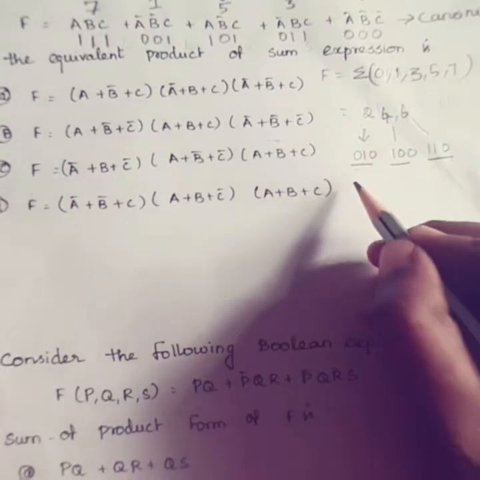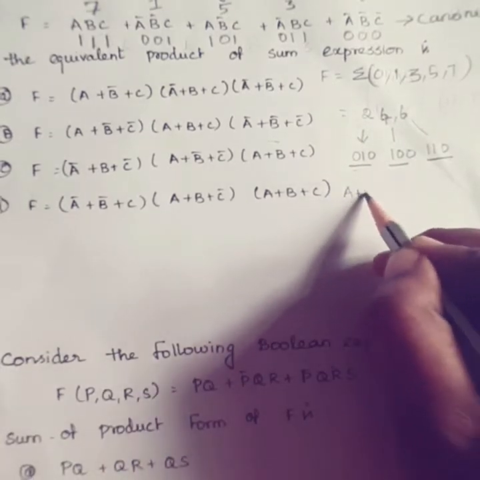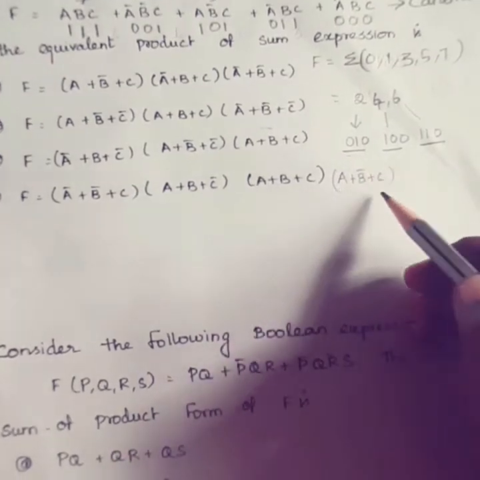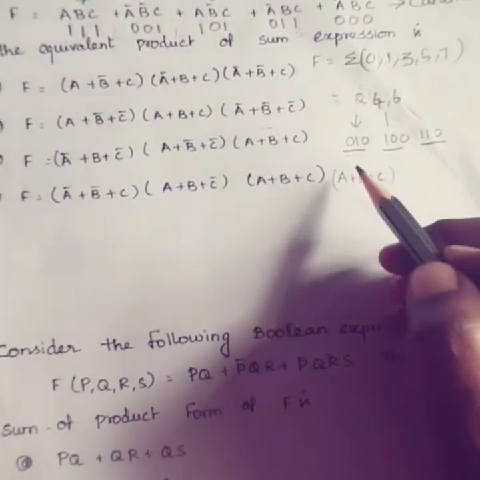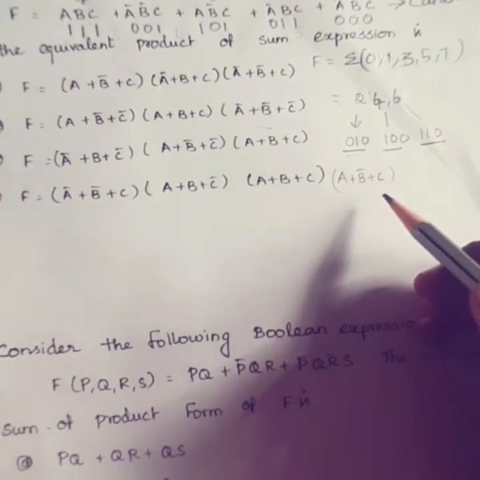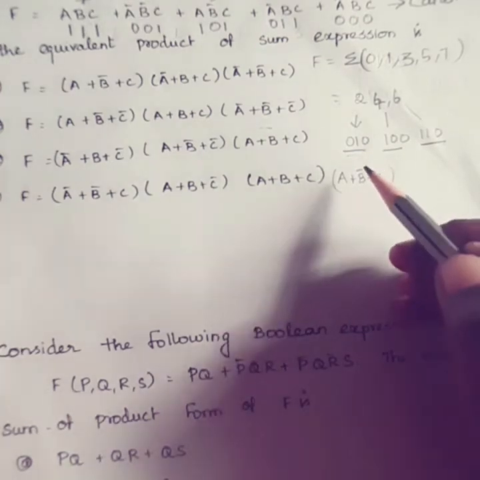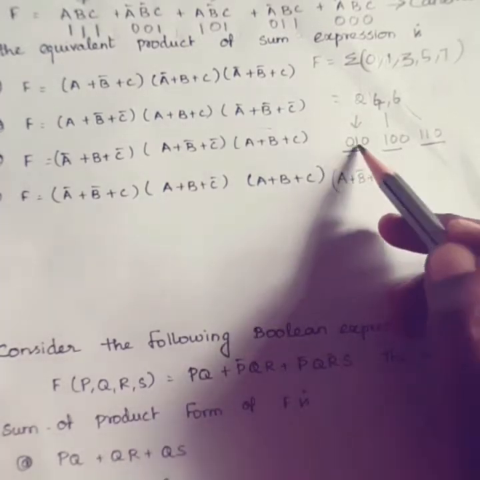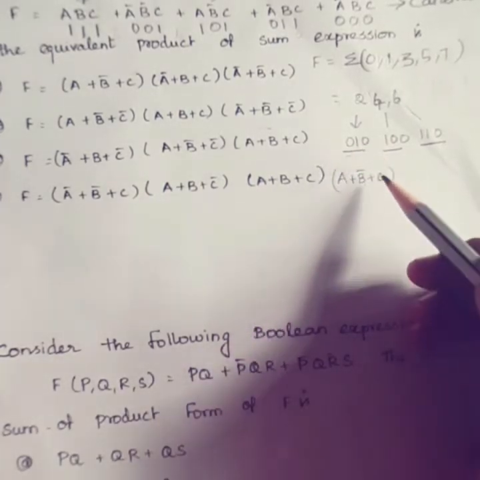The corresponding sum term for 010 is A plus B bar plus C, because in a sum term, 1 is represented by the complemented form and 0 by the natural form. So 0 natural, 1 complemented, 0 natural.